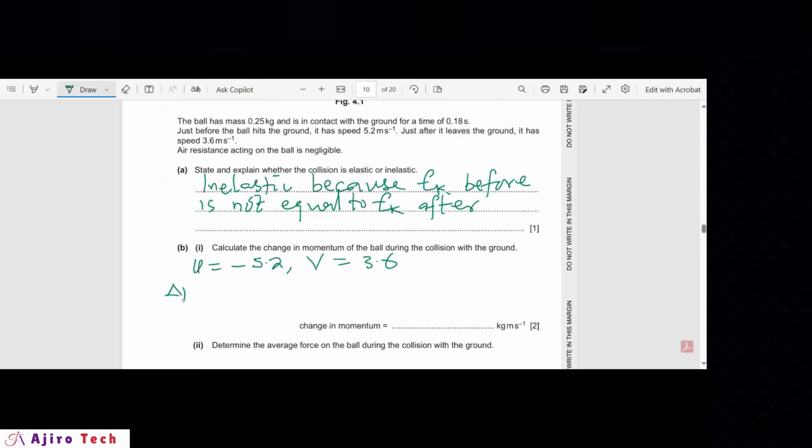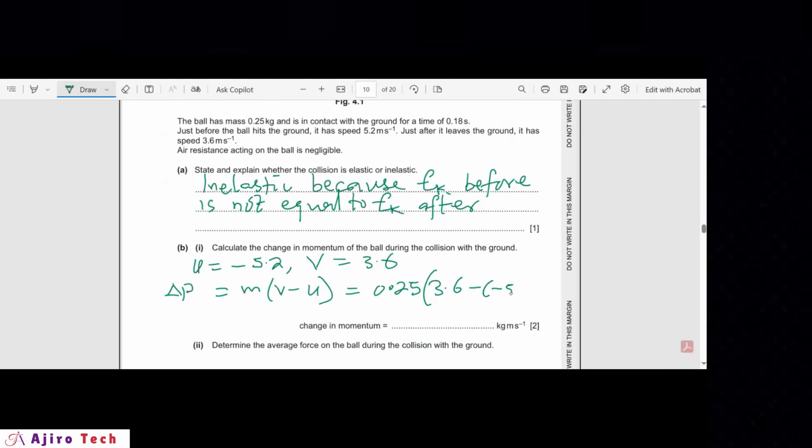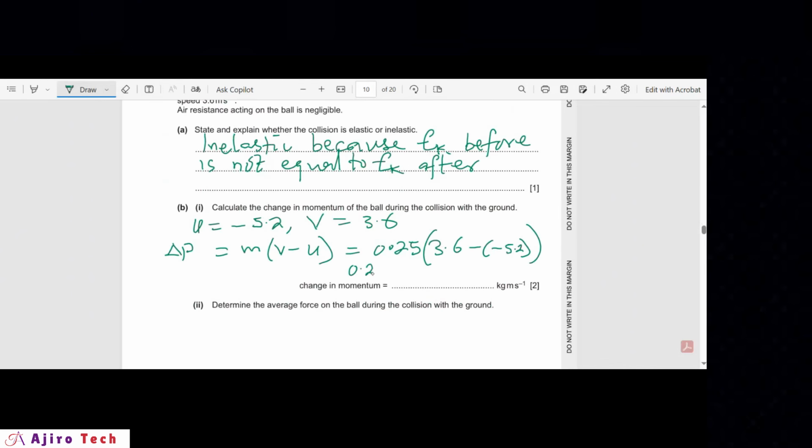Then change in momentum. So that will give me m, that's the final minus initial. If you put that, m is 0.25. That will give you 3.6. So 3.6 minus minus 5.2. So automatically that will give 0.25, then 3.6 plus 5.2.